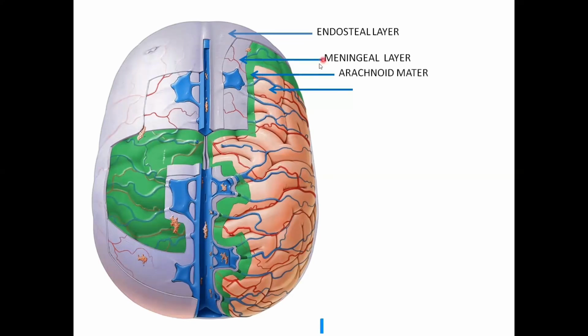Inner to the meningeal layer is the arachnoid mater, the thin, transparent, avascular layer that's going to loosely cover the brain. The pia mater is thin, transparent, vascular, that closely covers the brain. Actually, you can't strip off the pia mater from the brain tissue. If you try to do that, you actually damage or tear the brain tissue.